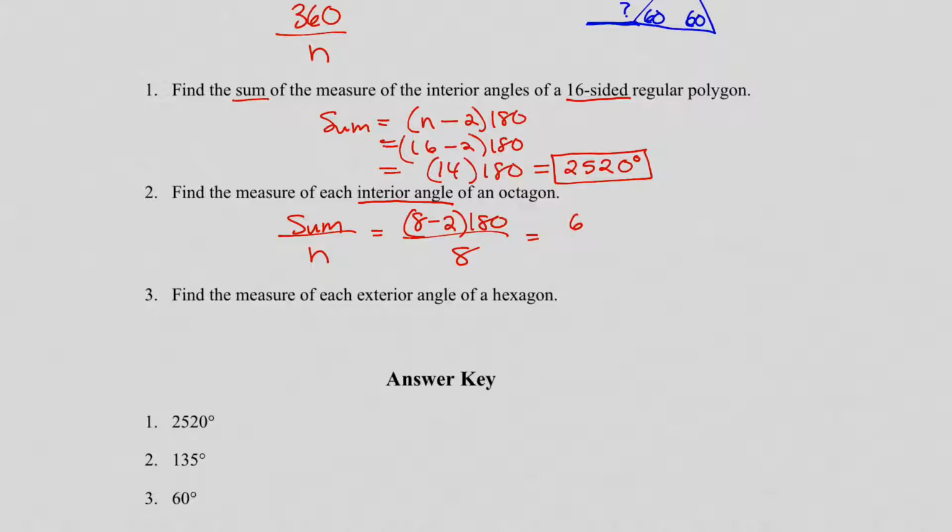So that's going to be 6 times 180 divided by 8. That's going to be 1080 divided by 8, and that's 135. So it's almost like two problems in one. First, we get the sum, and then we have to divide by 8, okay? And it's 135 degrees each angle.